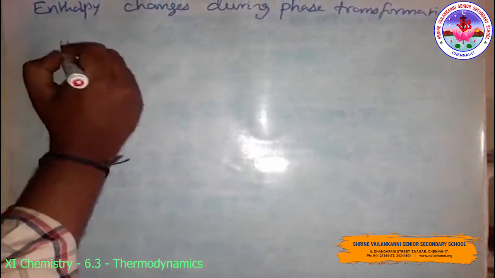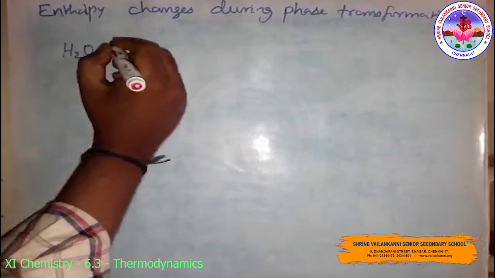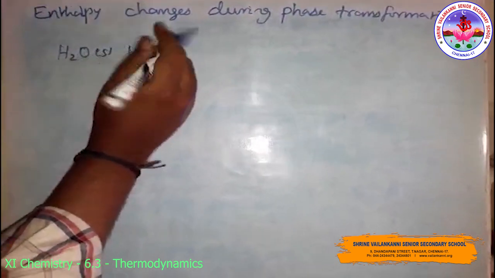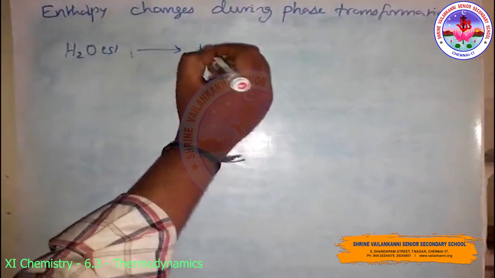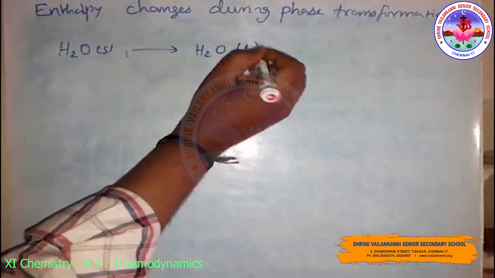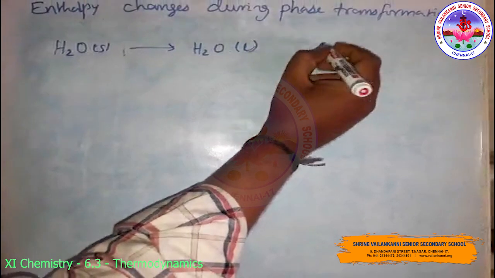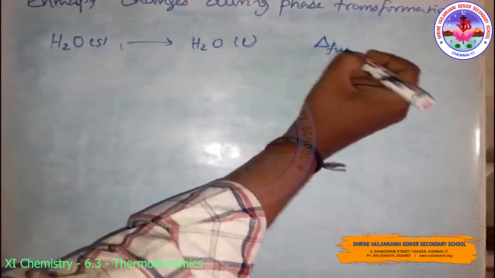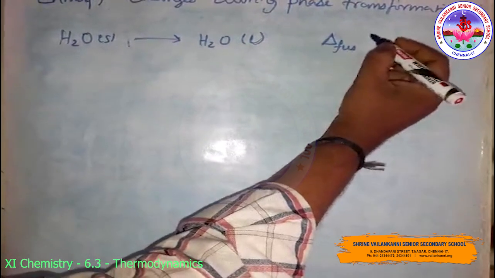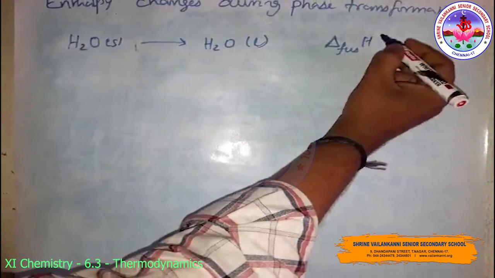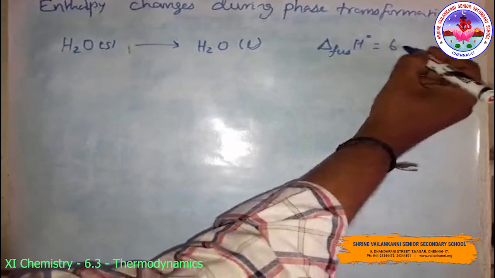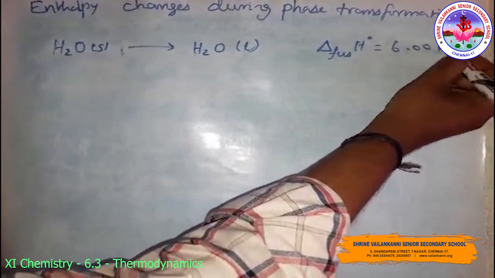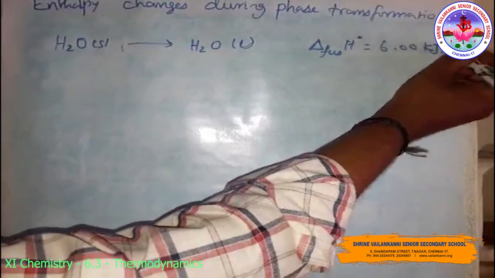So look at this reaction: H2O solid gives H2O liquid. Here the delta H of fusion, the standard enthalpy of fusion, is 6.00 kilojoule per mole.